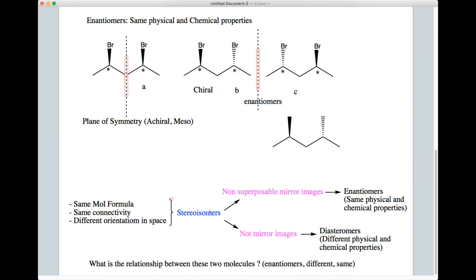That's stereoisomers. When they are not the mirror image of one another, they are diastereomers. These two have the same molecular formula, same connection, different orientation in space here and here. Not a mirror image, diastereomers.